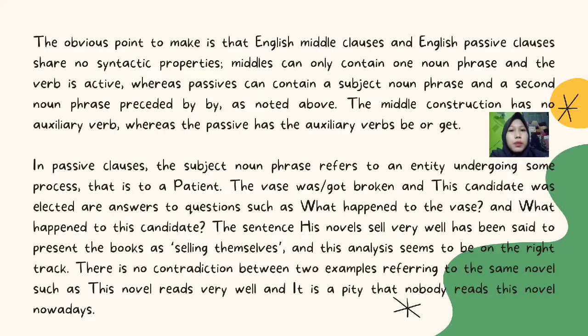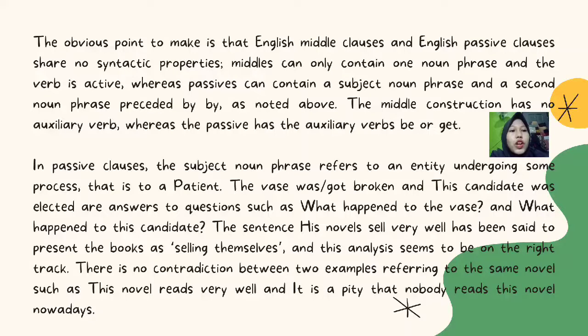The obvious point to make is that the English middle clause and the English passive clause share no syntactic properties. Middles can only contain one noun phrase and the verb is active, whereas passives can contain a subject noun phrase and a second noun phrase preceded by by, as noted above.